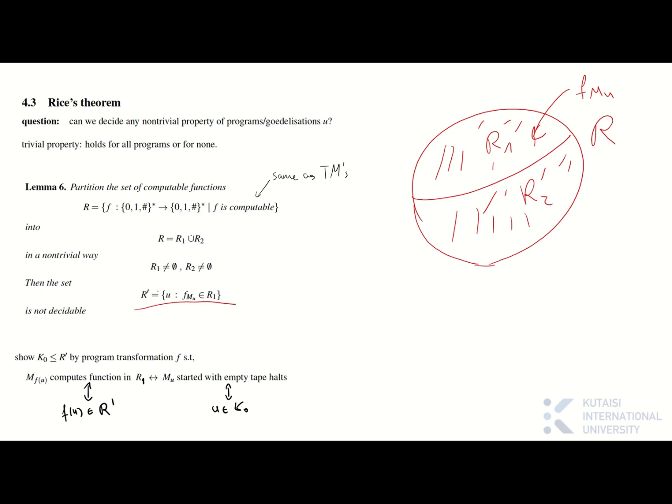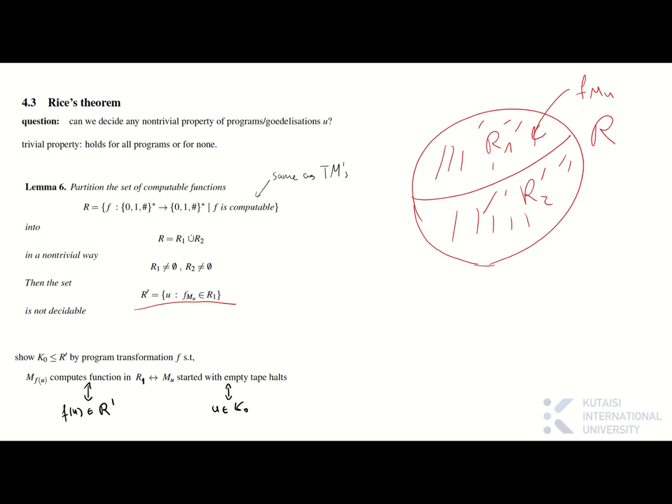You can reduce K0 to this by program transformation F. So what we will do is that we will construct f of u such that when you have a Turing machine M, f of u will compute a function in R1, so here, if and only if MU started with empty tape holds. I will do this now.